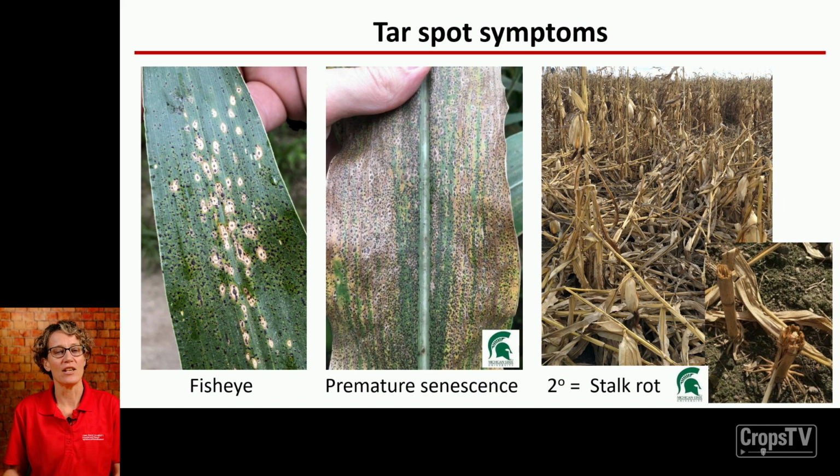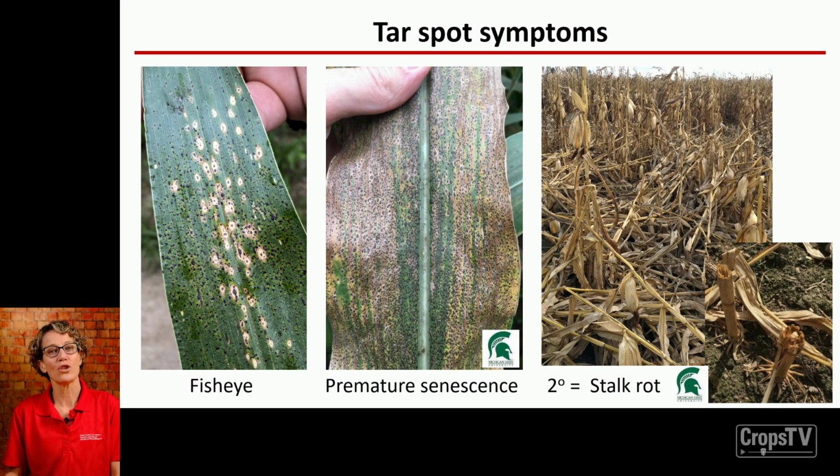You will see it occasionally, and we don't really understand why this symptom is occurring. In the older literature, this symptom was associated with another fungus that was co-colonizing with the tar spot symptoms, but we have not found that fungus here in the United States, and so we're still trying to work out why some of these tar spot stroma get this fisheye symptom around them.